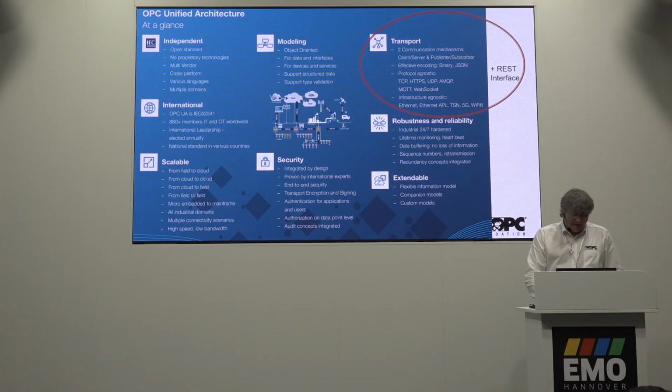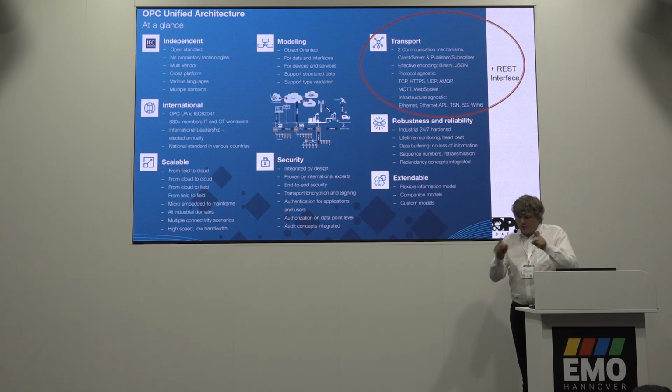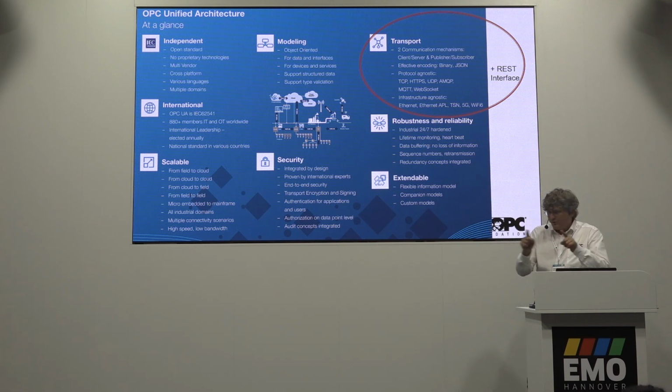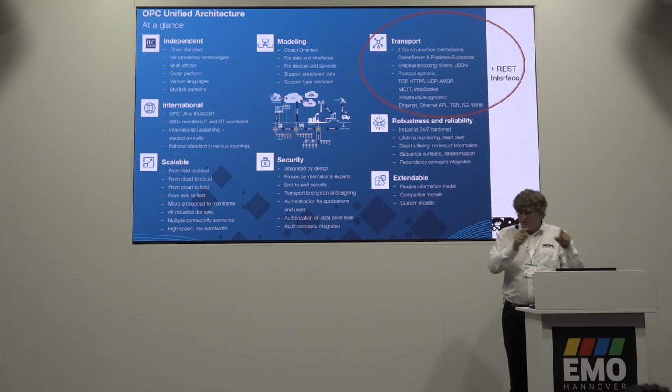And remember what I mentioned before, they made a patent protection agreement. Having Google, AWS, Microsoft, SAP, and all the big automation vendors protecting this technology, you can feel really sure, safe, secure. OPC UA scales. It is not only exchanging data between two machines, between a robot and an injection molding machine.